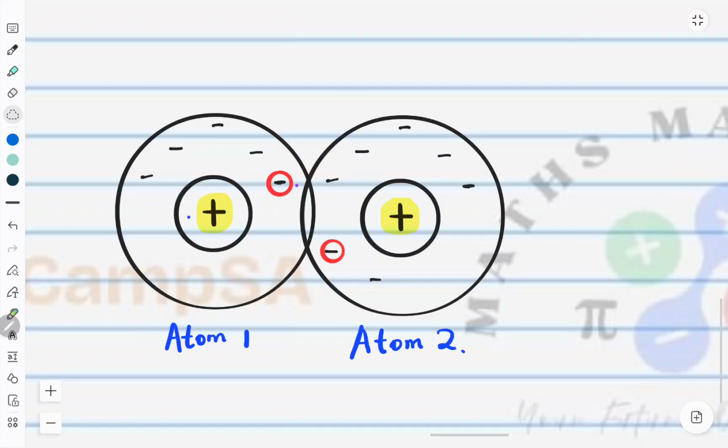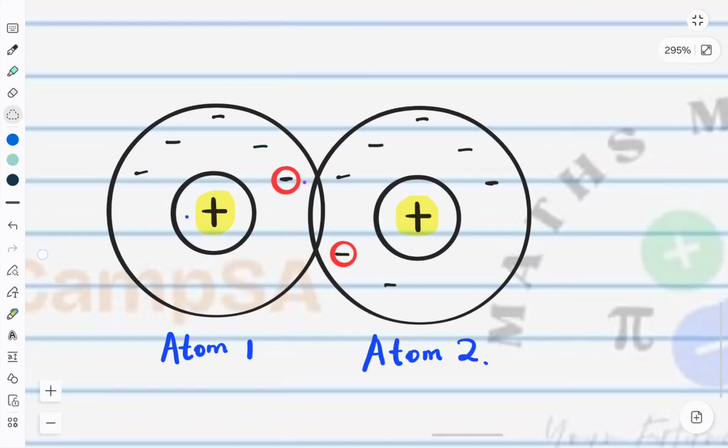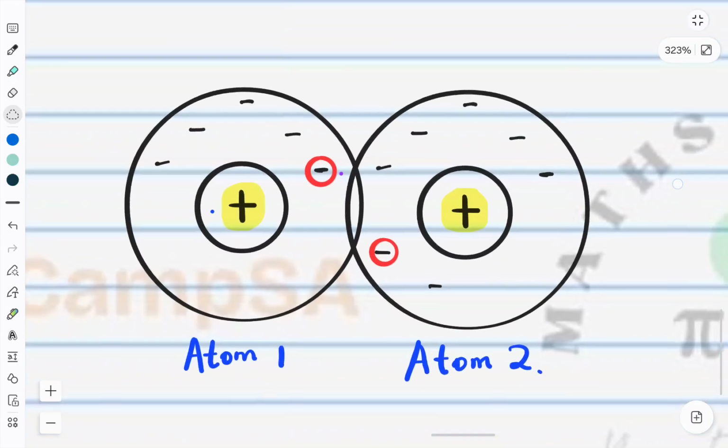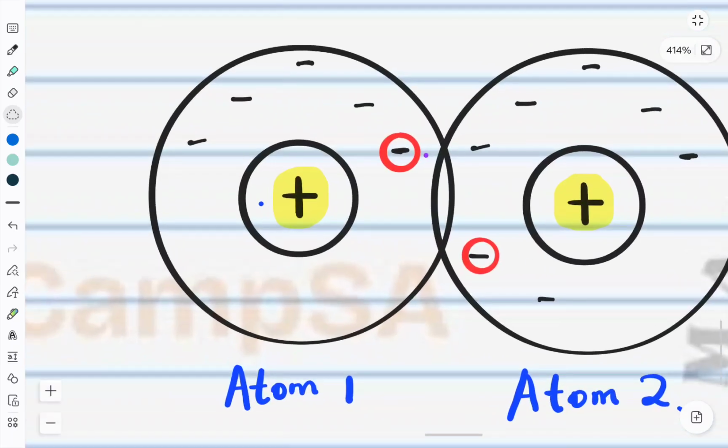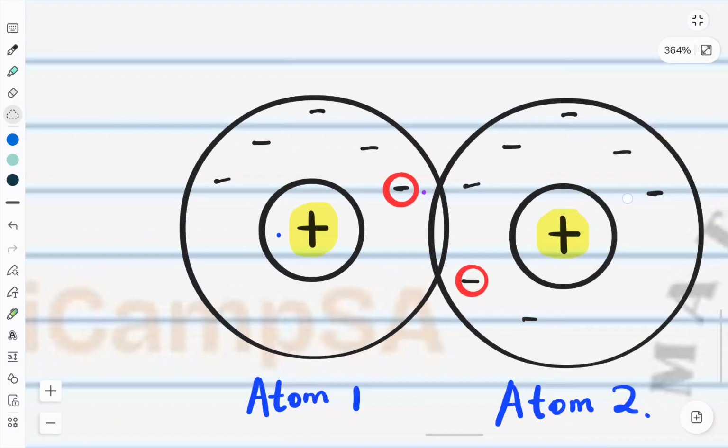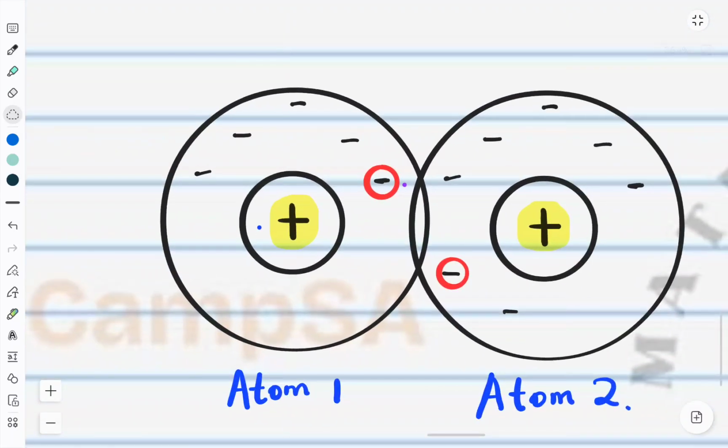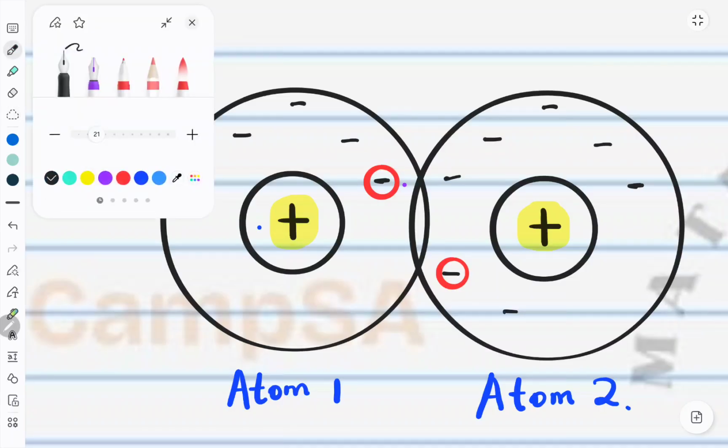Because remember, this net force of attraction will pull them as close as possible to one another. So even though they will be as close as possible, there will still exist a distance between their centers, or between their nuclei, because remember, at the center of each atom we find a nucleus. So we usually measure this distance from one nucleus to the other.